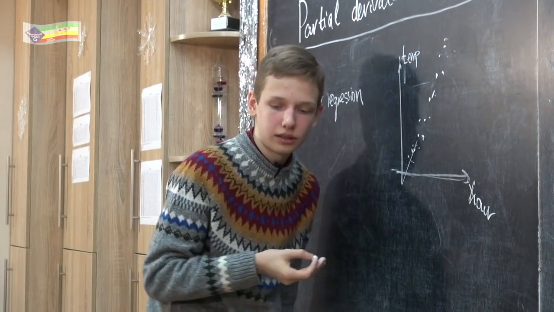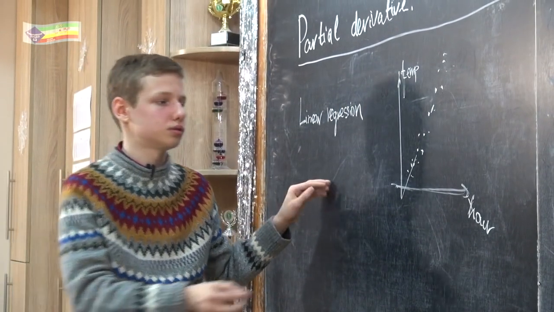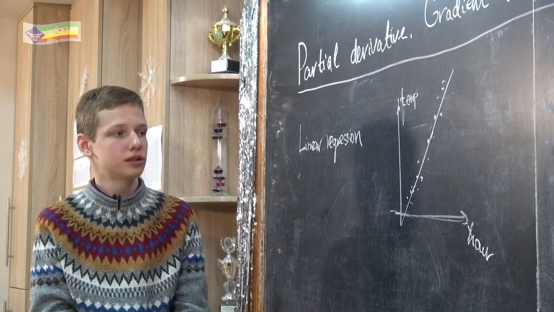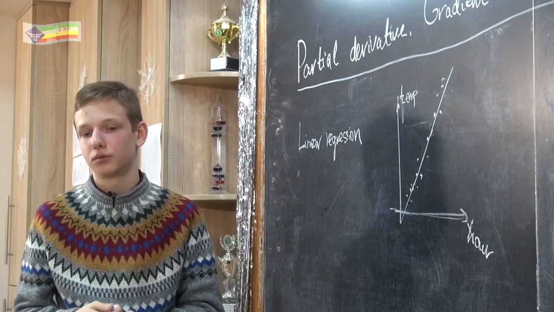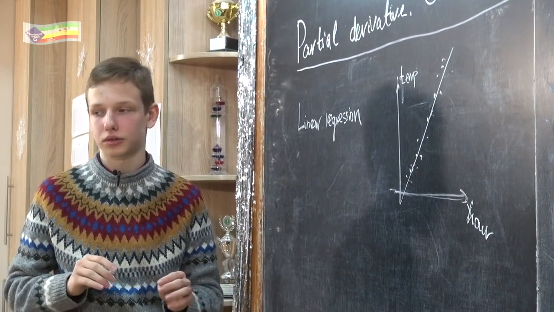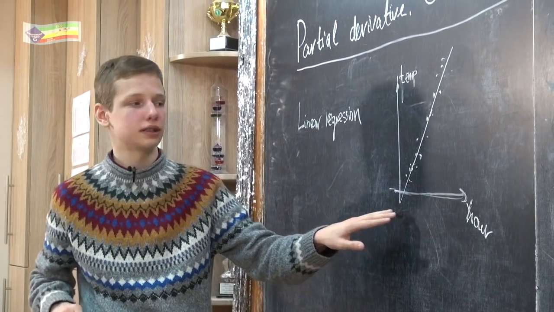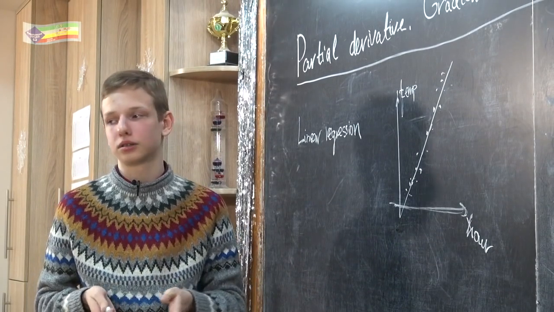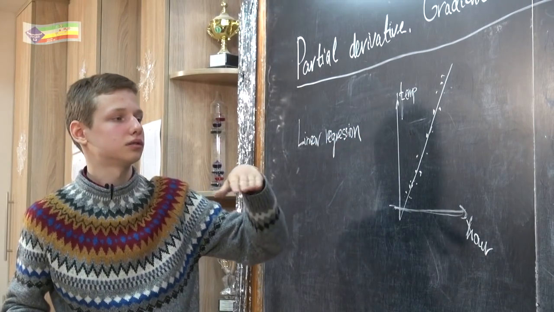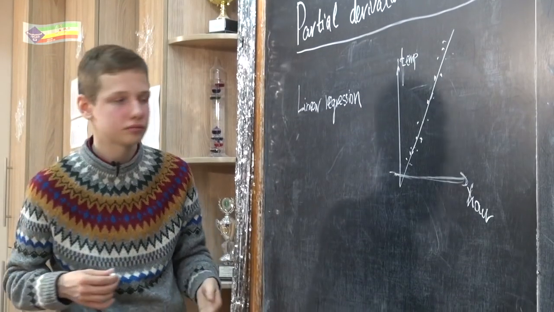And if you're a scientist and you got some experimental points, then you want to fit these experimental points with one line, which means that you want to find such parameters, such a line, which will best fit this data and best correspond with this data. And then you can use the parameters of this line for further experimental or theoretical research.